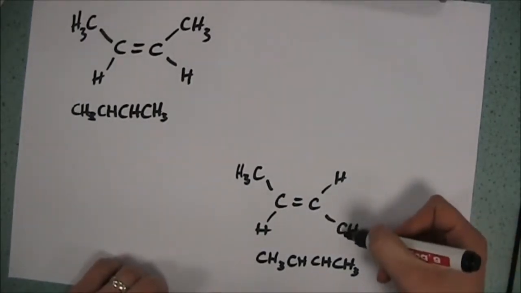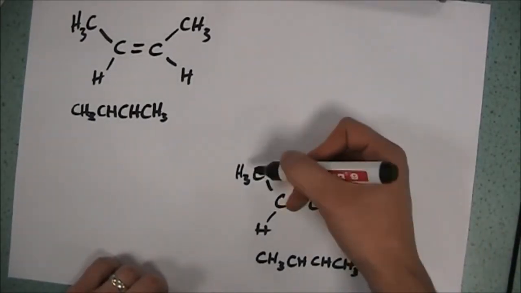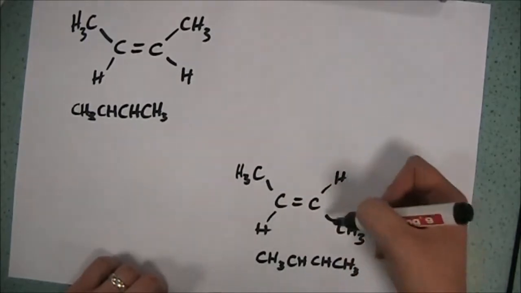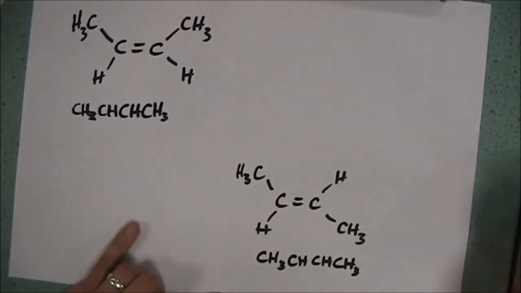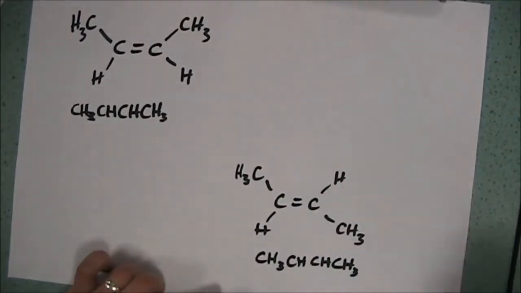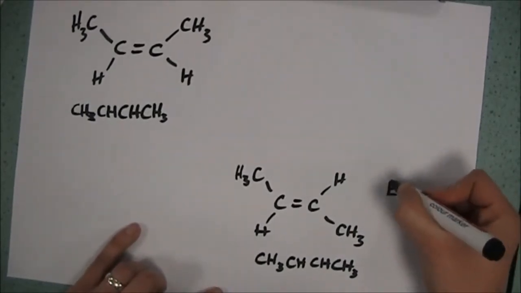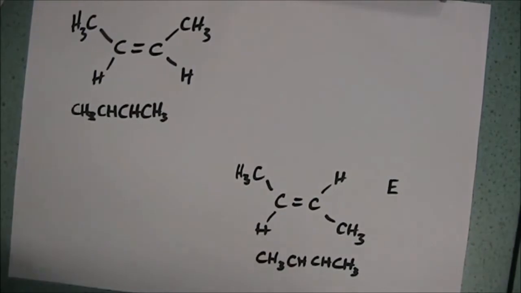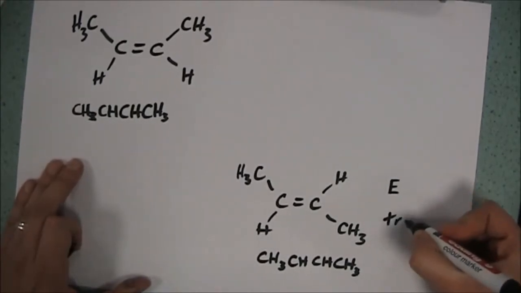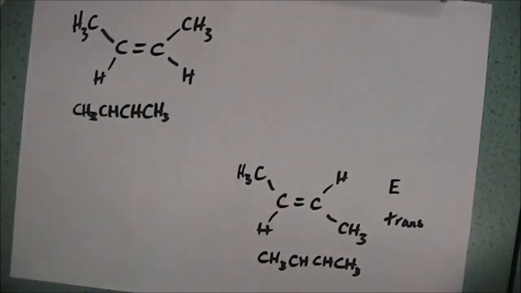If the two methyl groups are opposite each other, across the molecule, we have two ways that we can describe that. We can say that they are E, which stands for the German entgegen, which is opposite, or we can call them trans, which is the Latin for across: transalpine, transatlantic.